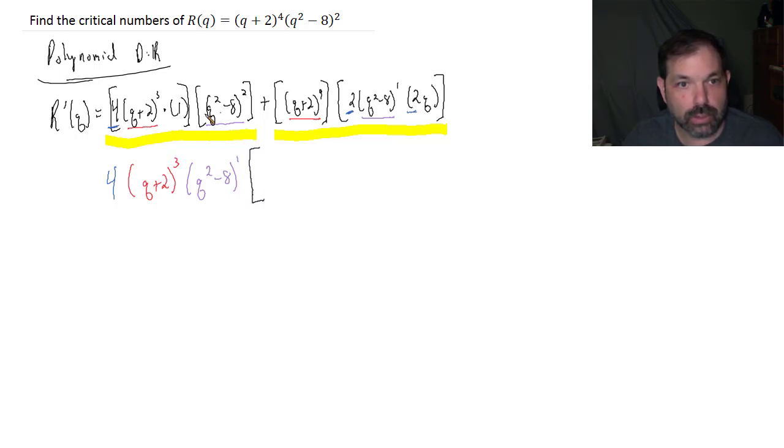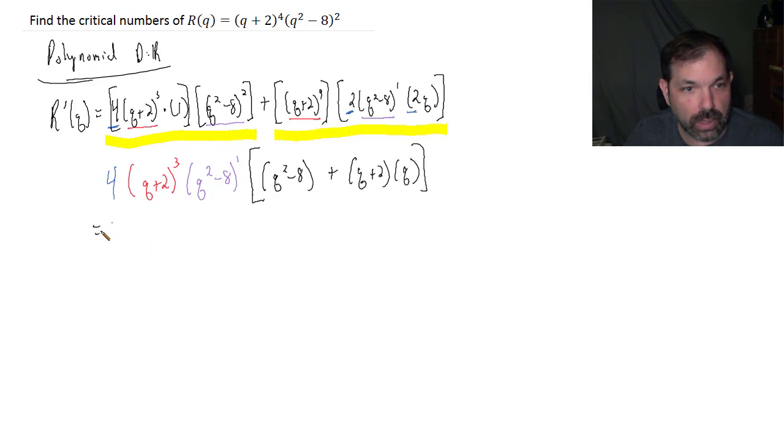From the first term, I factored out the 4, I factored out the (q plus 2) cubed, and I factored out a (q squared minus 8) to the first power, so I'd still have a factor of q squared minus 8. Plus, from the second term, I again factored out the 4, I factored out a (q plus 2) cubed, and I originally had a (q plus 2) to the fourth, so I have a q plus 2. I factored out the (q squared minus 8) to the first power, and I still have a factor of 2q.